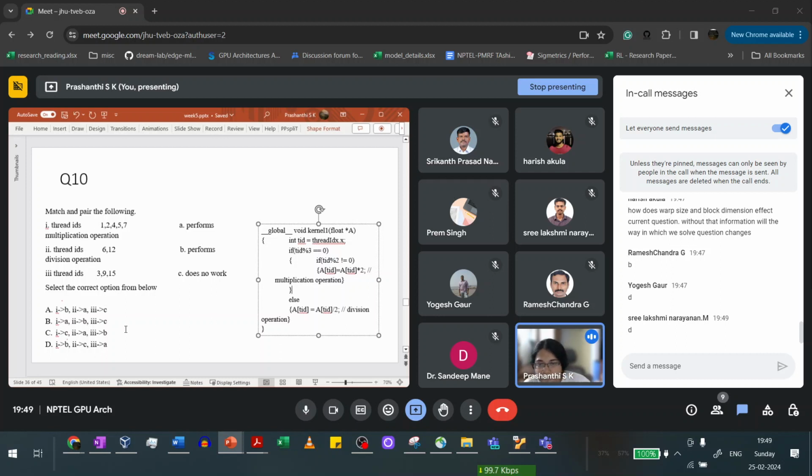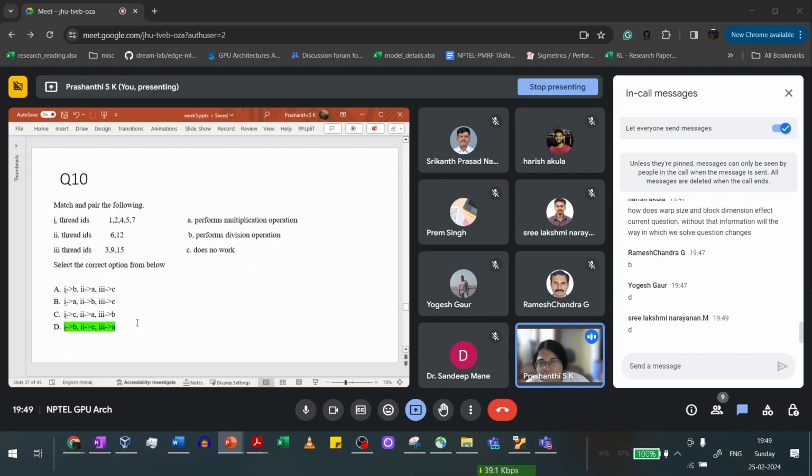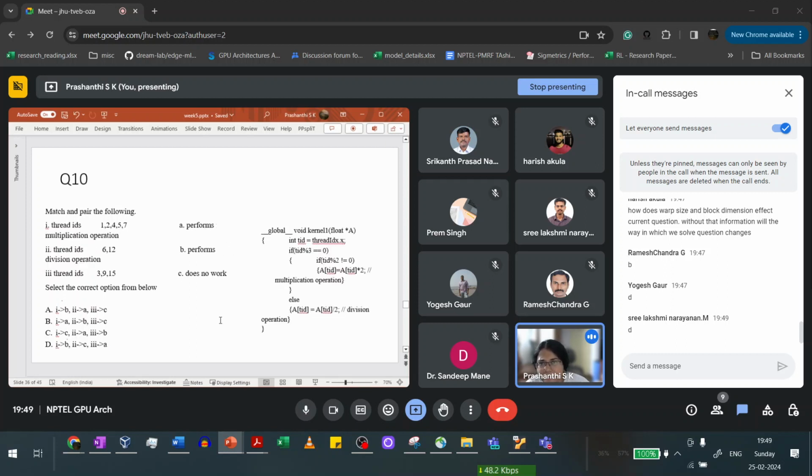Okay, let's take a look at the answer. It is D. So 1 maps to B. So thread ID is 1, 2, 4, 5, 7 performs division. So let's go back to this kernel definition that we have here. So essentially what we are doing is if it's a multiple of 3, right? You can see here the mod 3 equal to 0.